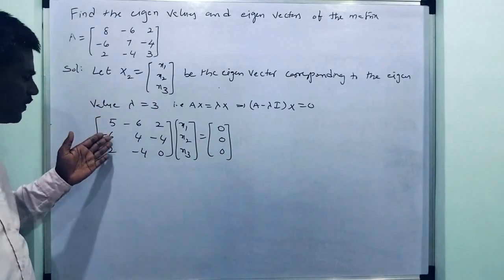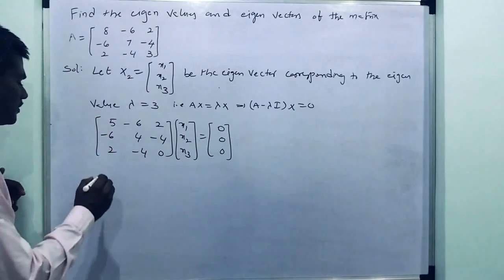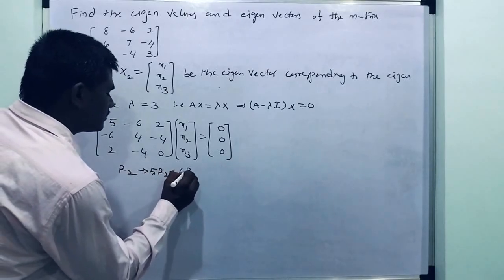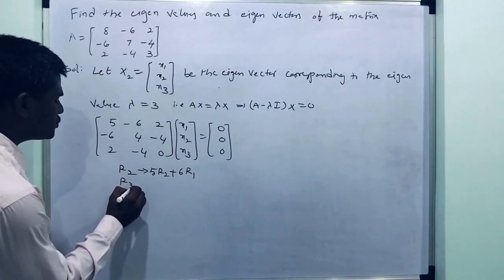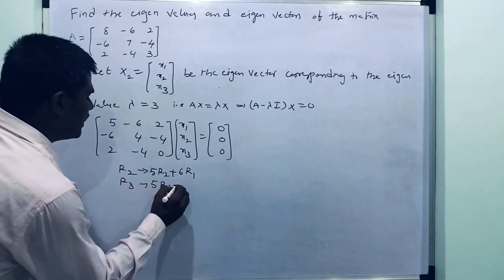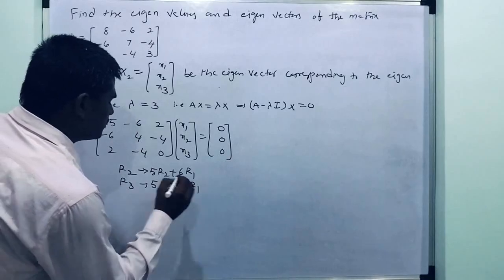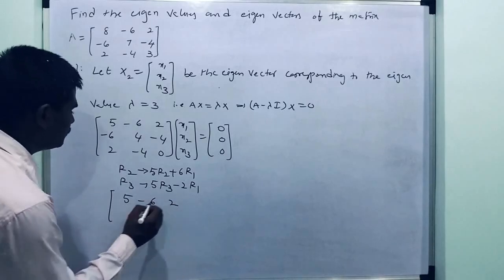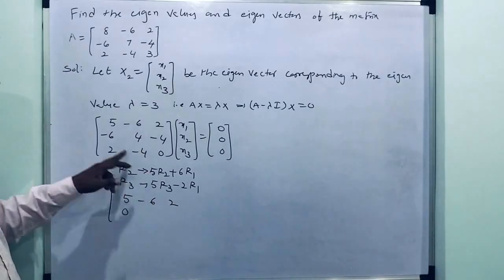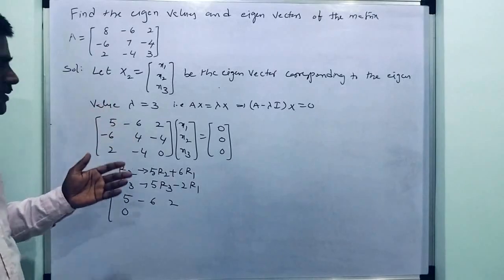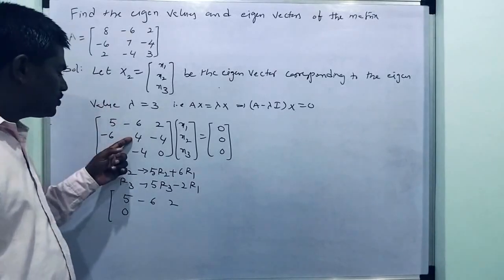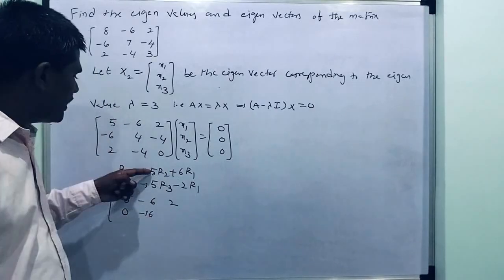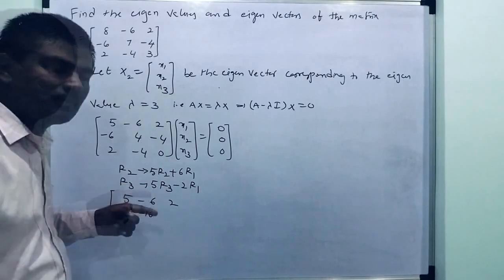Now we have to reduce this one into echelon form again. That means R2 tends to 5R2 plus 6R1 and R3 tends to 5R3 minus 2R1. If you do so, then this becomes 5 minus 6, 2 and it is 0, as 5 6s are 30, 6 5s are 30, minus 30 plus 30 becomes 0. 5 4s are 20 minus 36, which is minus 16, minus 20 plus 12 minus 8.